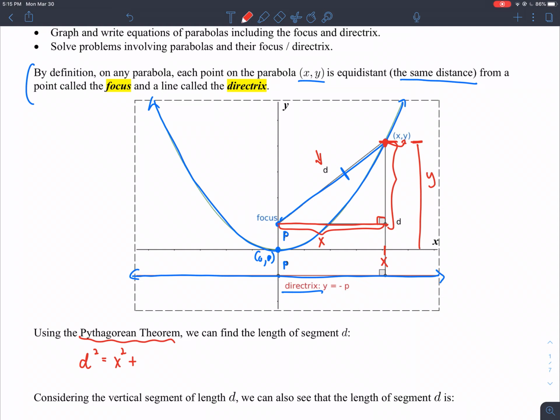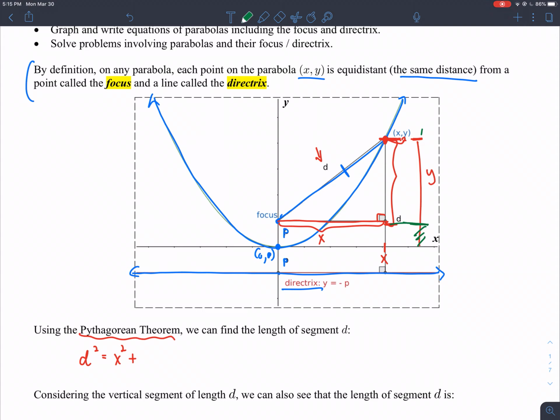But I'm looking for the length of the leg, which is this distance. If I take that y and chop a piece off of it, then I get the same length as the leg of the right triangle.